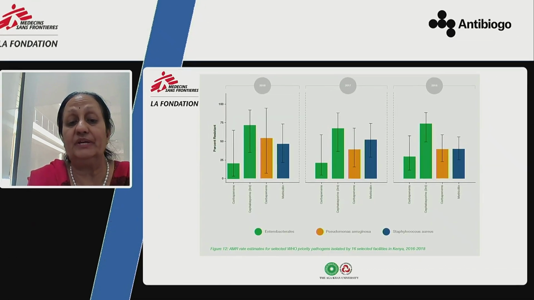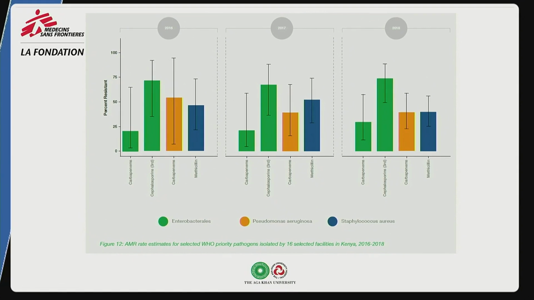Now, here we are showing priority pathogens and the indicator antibiotics, the level of resistance in our setting. And this is really frightful. The green is for Enterobacteriaceae, the yellow is Pseudomonas, and the blue is Staph aureus. And on the scale, if you see the resistance, the Enterobacteriaceae third generation cephalosporin resistance in the big green bar is around 75%.